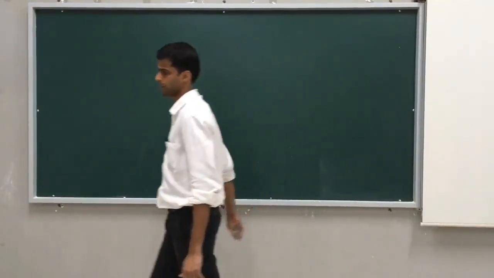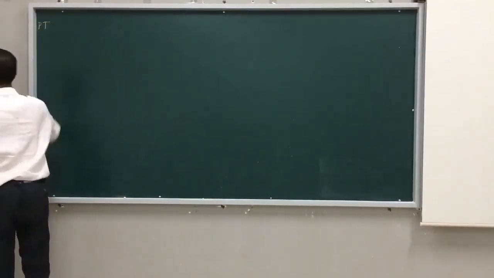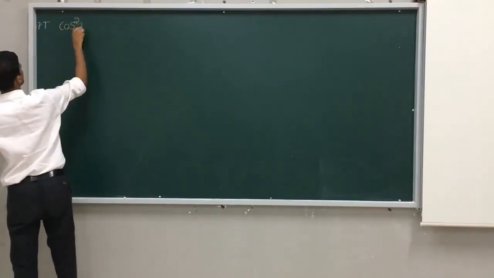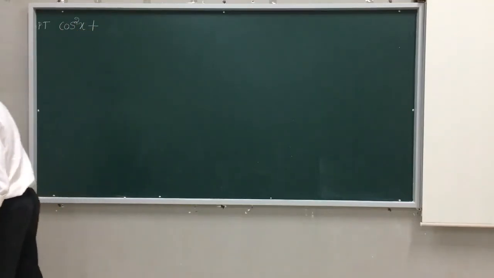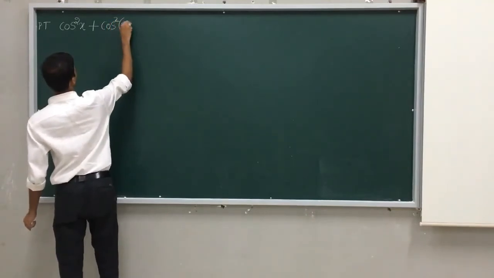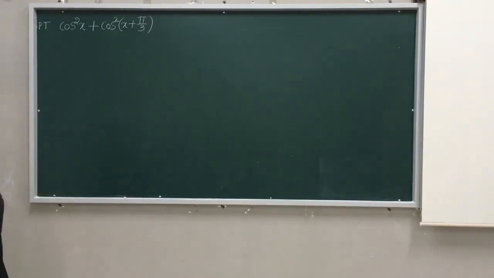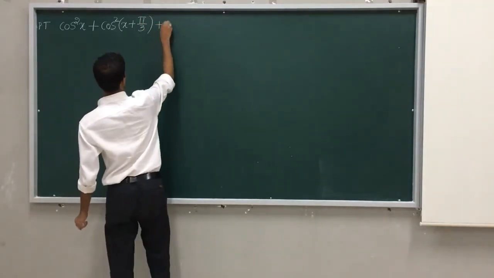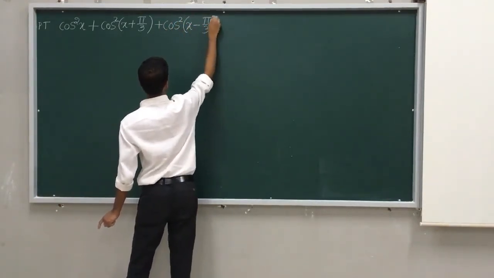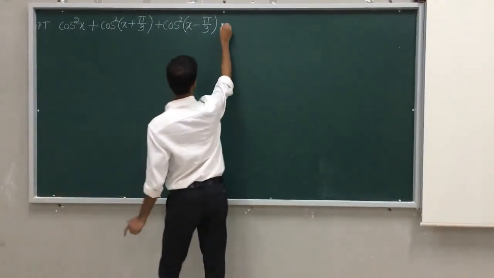One interesting question I want to discuss. Prove that cos square x plus cos square (x plus pi by 3) plus cos square (x minus pi by 3) is equal to 3 by 2.